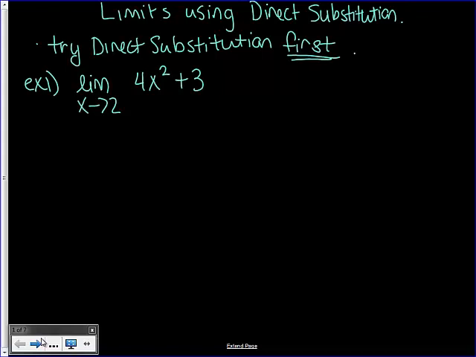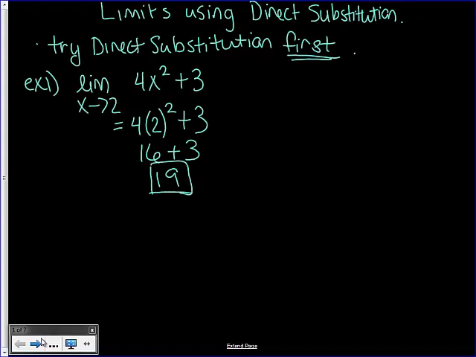So now I'm going to say 4 times 2 squared plus 3. Well, 2 squared is 4 times 4 is 16, so plus 3. 16 plus 3 is 19. That is my limit. The limit as x approaches 2 is 19.